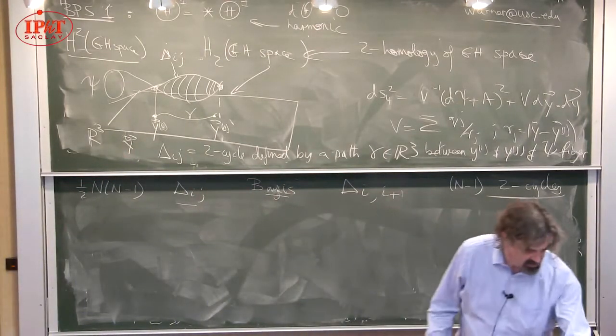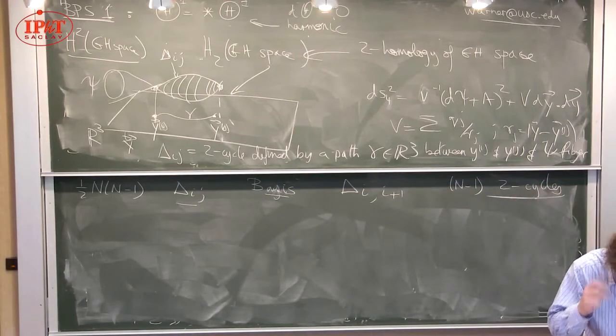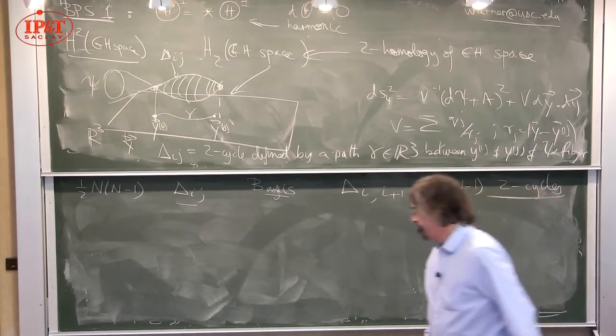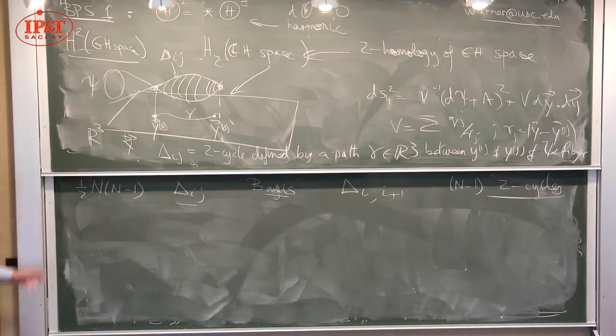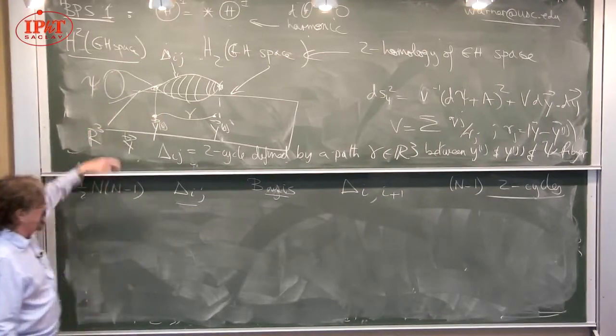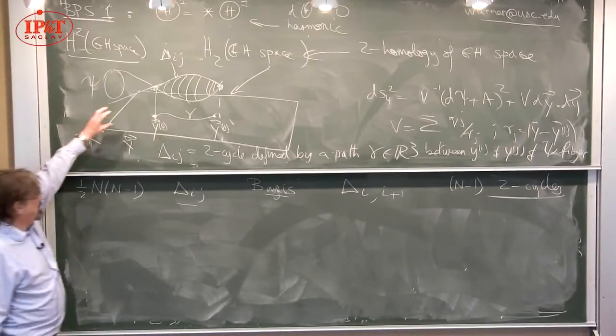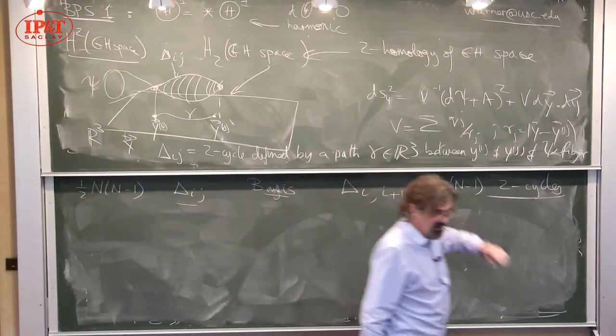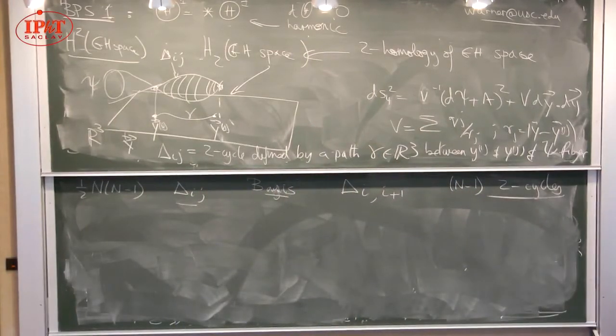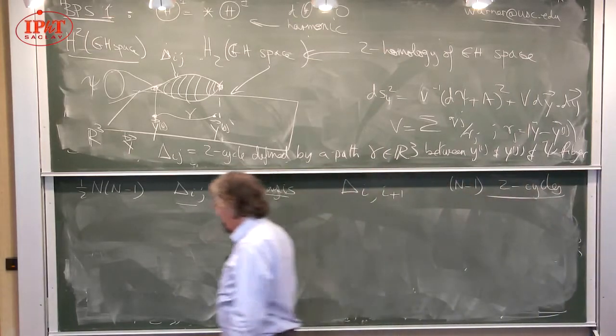You see them as just where the fibers pinch off. And this is actually a very common way in string theory and other places of looking for exactly where the cycles are. You typically wind up with circle or sphere fibrations, and the question is where do they pinch off? And by tracking where they pinch off, you can see the cohomology and homology quite explicitly. So there are my cycles.